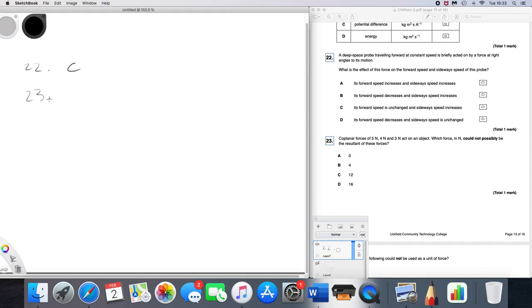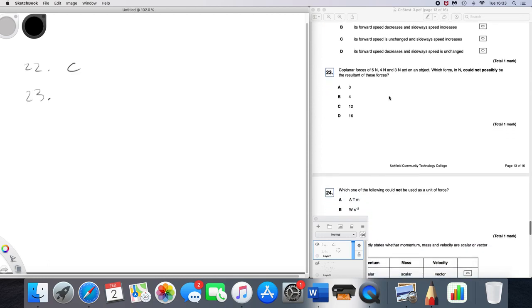23. Coplanar forces 5, 4, 3. It's a 3, 4, 5 triangle again, so 0 is definitely a possibility. 4 newtons, well, you could have anything from 5 and 4 is 9 and 3 is 12.